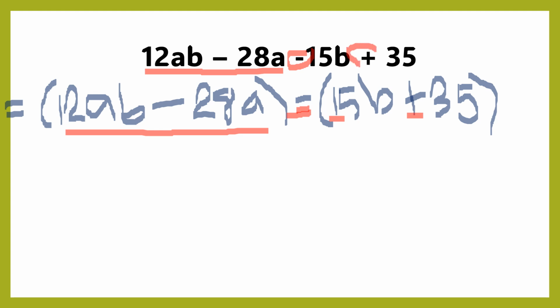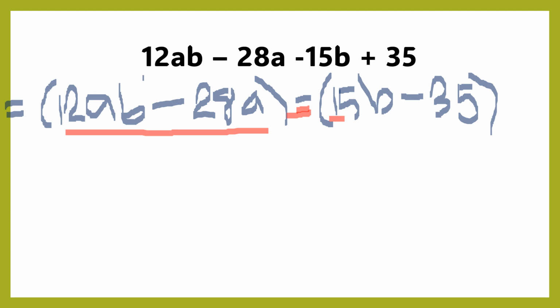But look here, it's positive. Therefore, we have to change the operation here into negative. It's because when you have negative times negative, the answer is positive. Alright, after that one, let's solve it. Let me erase it.